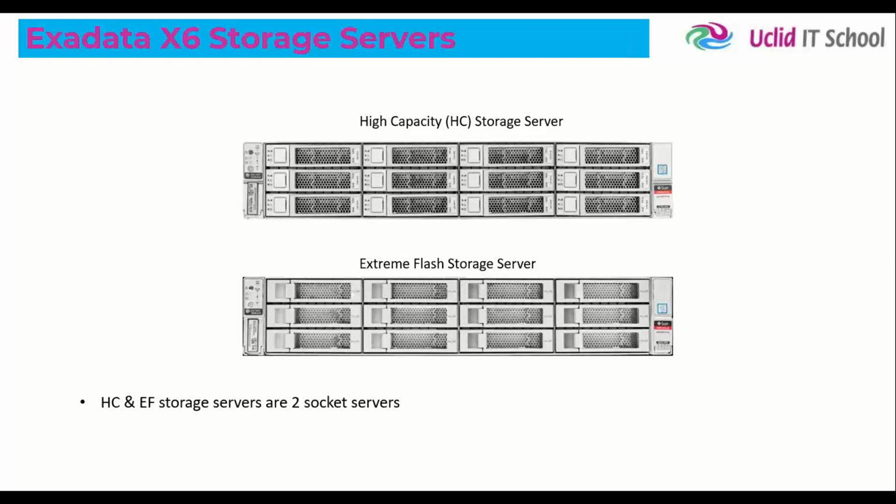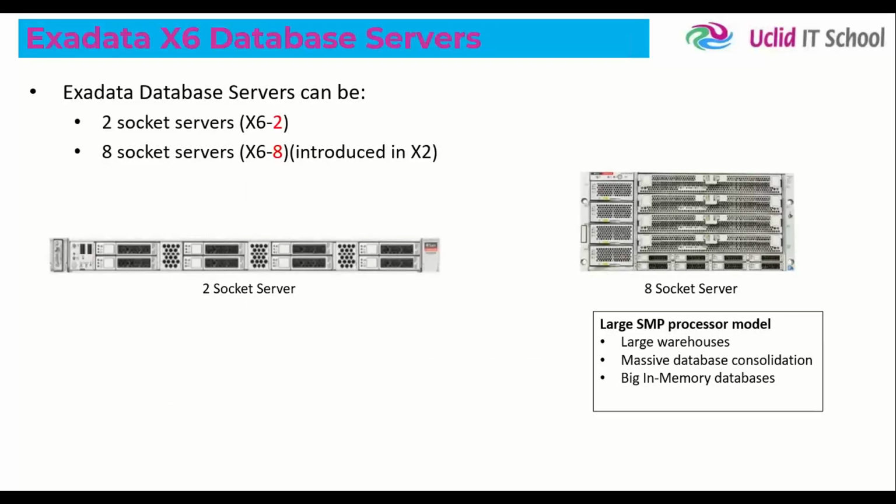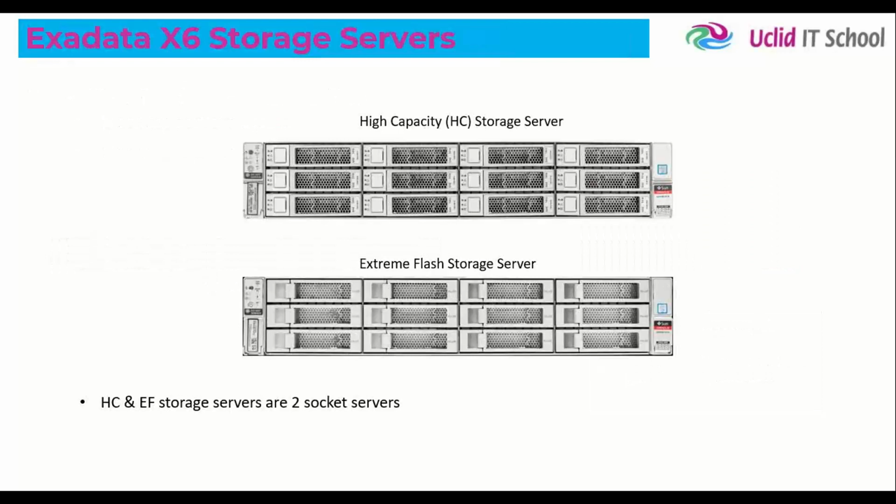So that way, when you order Exadata Rack, you need to consider 2 things. Database server: you want a 2 socket server or 8 socket server. Then storage server: you want high capacity storage server or extreme flash storage server. Storage servers are always 2 socket servers only. There are no 8 socket servers in storage.